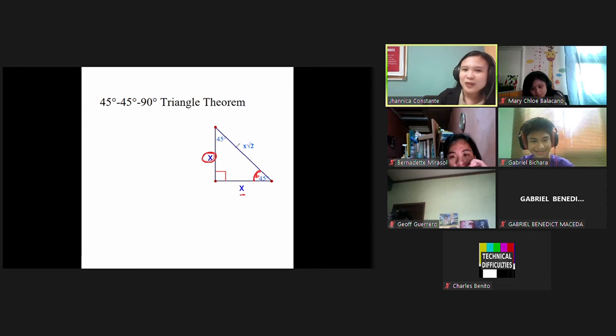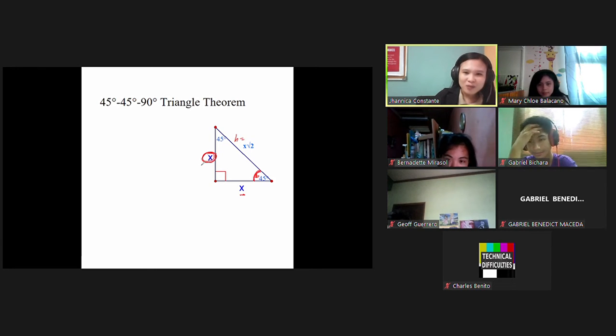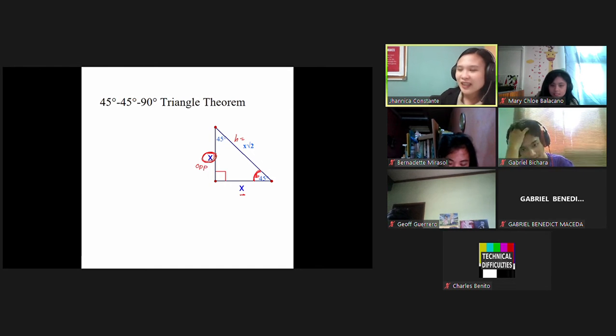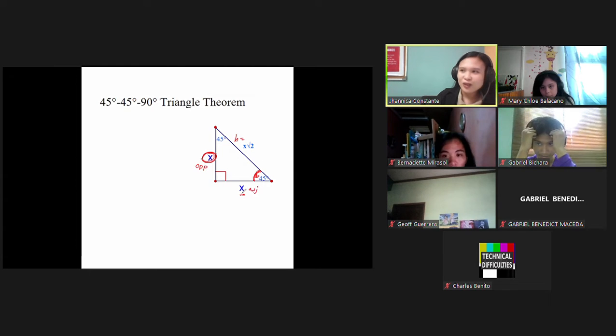Our hypotenuse has a measurement of x square root of 2. Opposite side has a measure of x. And adjacent has a measure of x also.